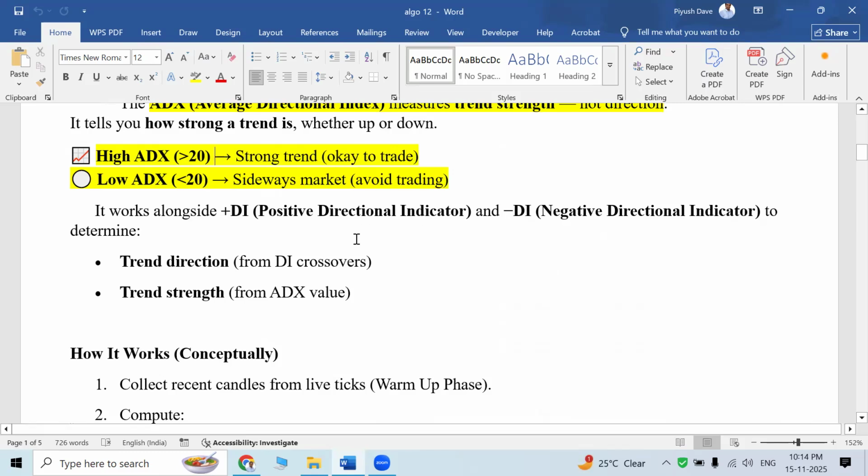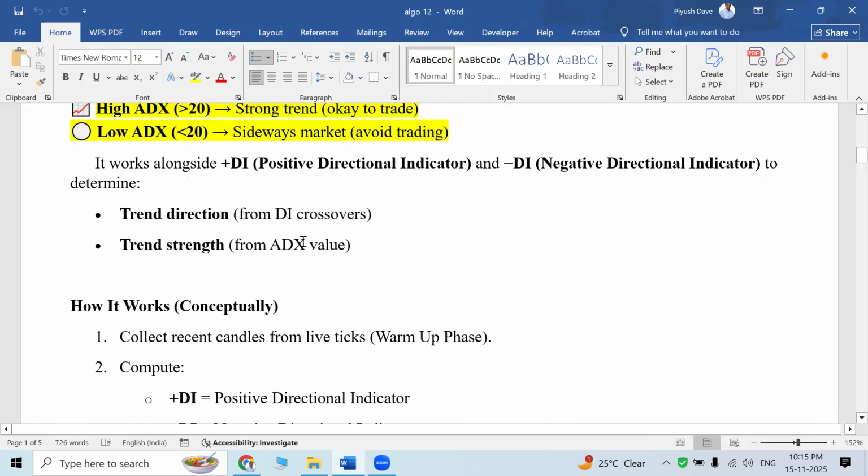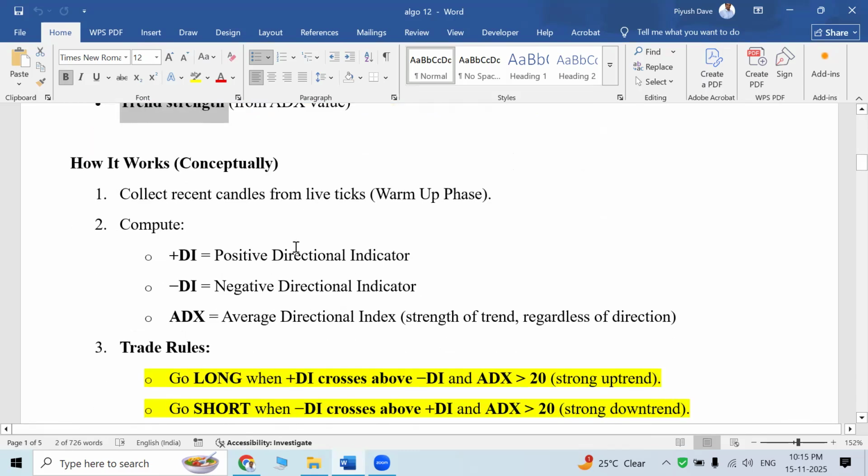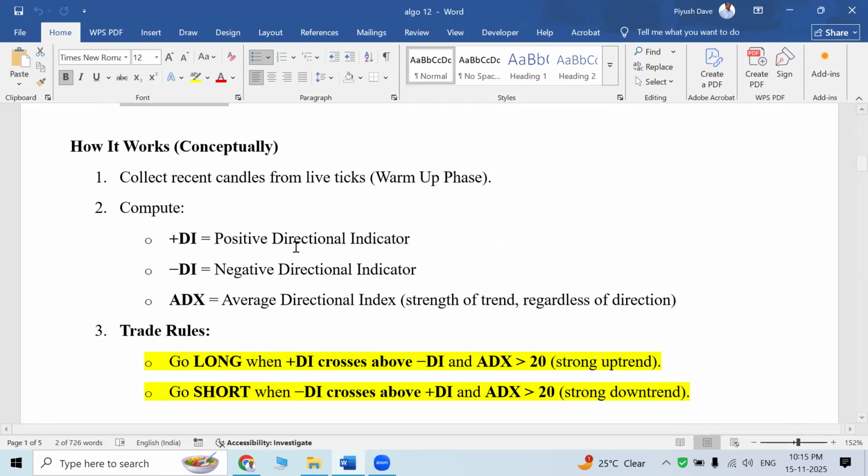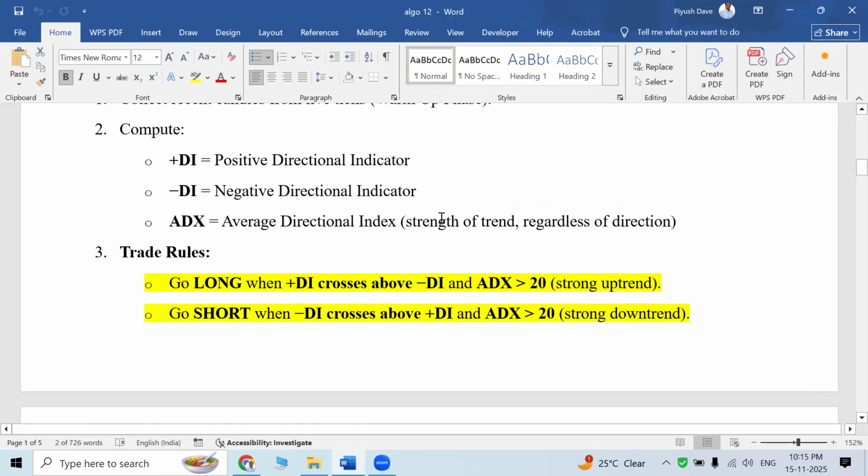First we calculate plus DI and minus DI, and if they cross over each other, we call it either a positive or a negative direction. Trend direction comes from DI, and trend strength comes from ADX.